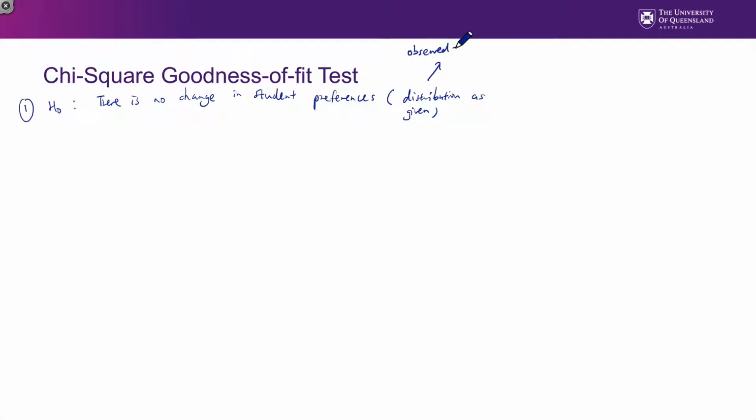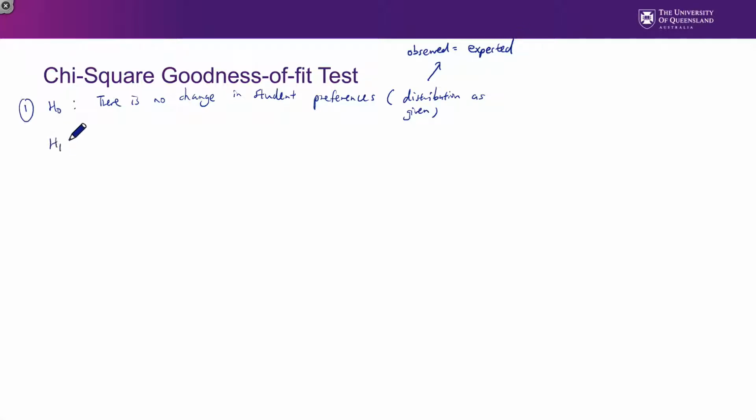So first of all, we want to write out what our null hypothesis is, and it's that there is no change in student preferences. So the distribution is as given, or in other words, you can think of it as observed equals expected, right?